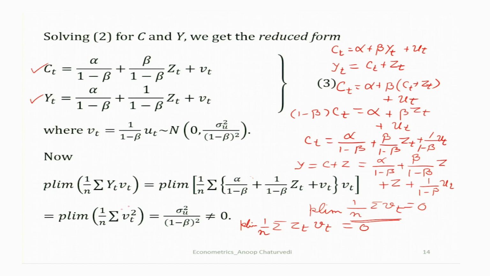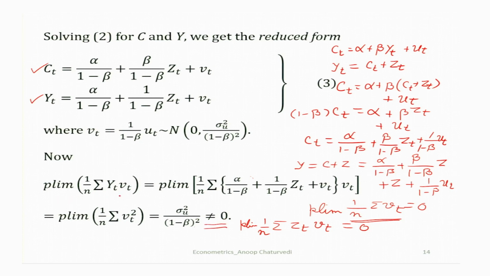So, finally, you obtain probability limit of 1 upon n summation v t square. Then 1 upon n summation v t square converges to its expectation. So, you get sigma square u upon 1 minus beta square, and then this is not equal to 0.